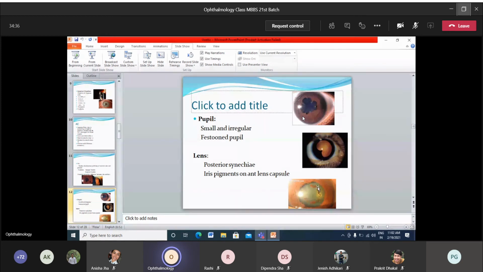So hence we can see these iris pigments on the anterior lens capsule here, and the pupil is nice and round, and it is fully pharmacologically dilated. So this is nothing but the effect of mydriasis, which liberates the iris pigments, and that goes and gets deposited on the anterior lens capsule.